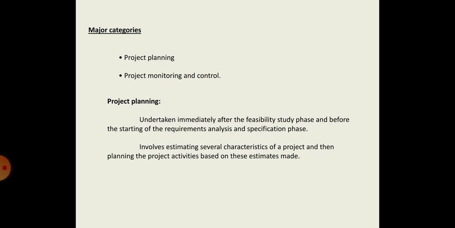This planning is made based on the estimations made. So before beginning any developmental process, the project should be estimated, and based upon the estimation, further project activities would begin.